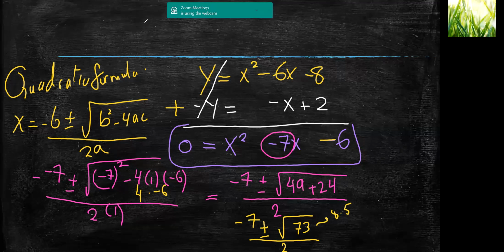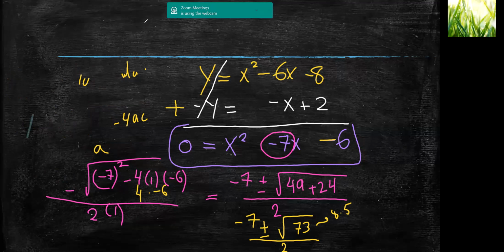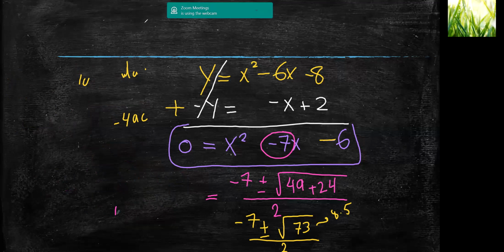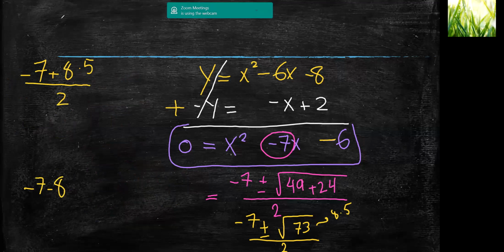That means I now have two solutions. One is -7 plus 8.5 over 2, and the second one is -7 minus 8.5 over 2.